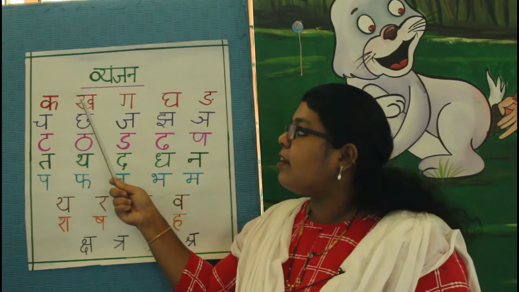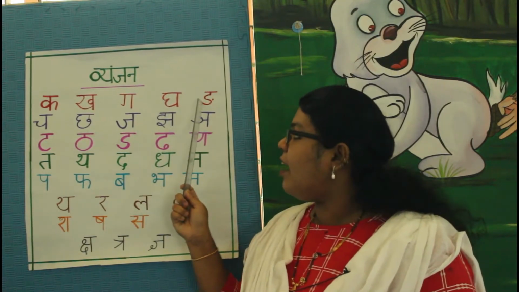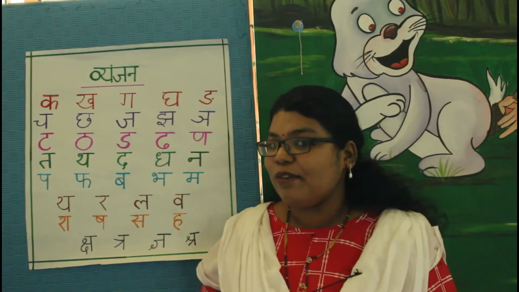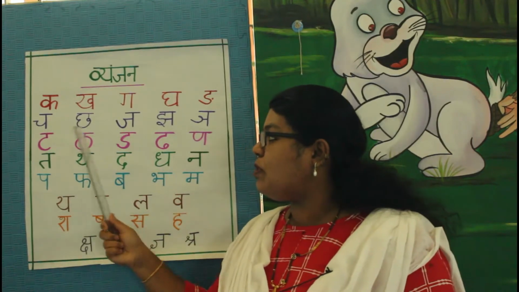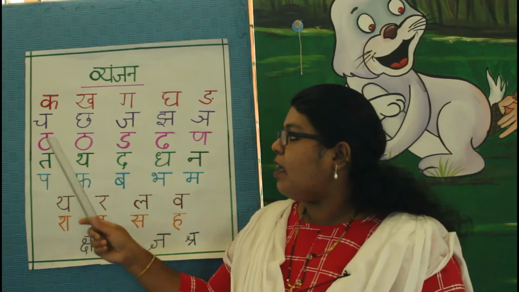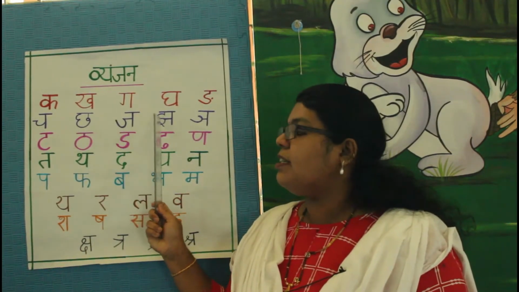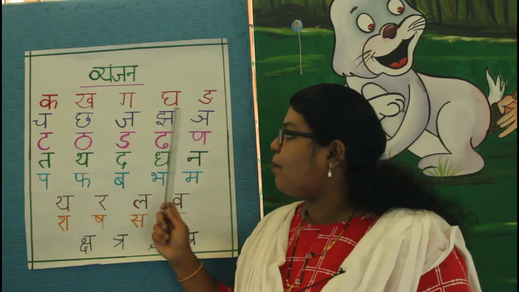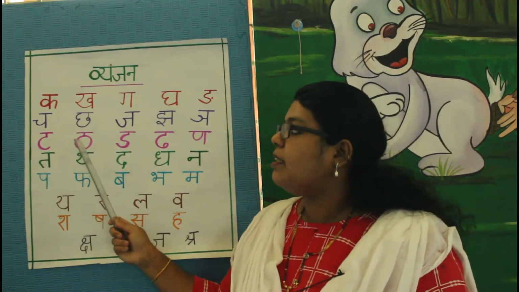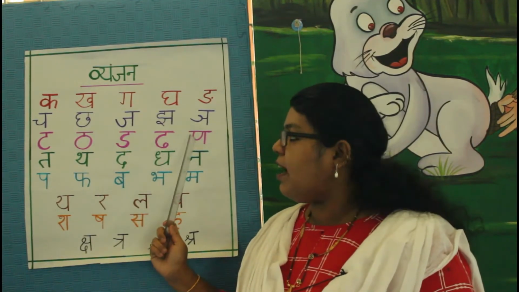Ka, kha, ga, gha, nga. Today we are going to learn the next 2 sets of consonants. Let's see. Cha, chha, ja, jha, nya. Ta, tha, da, dha, na.